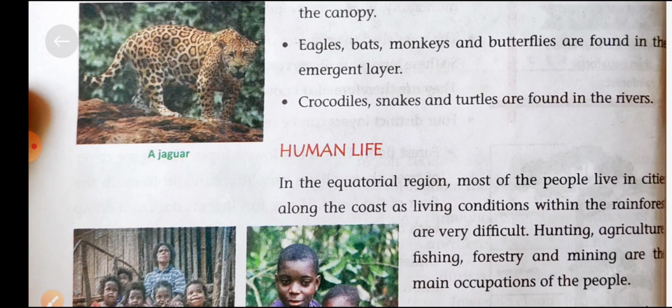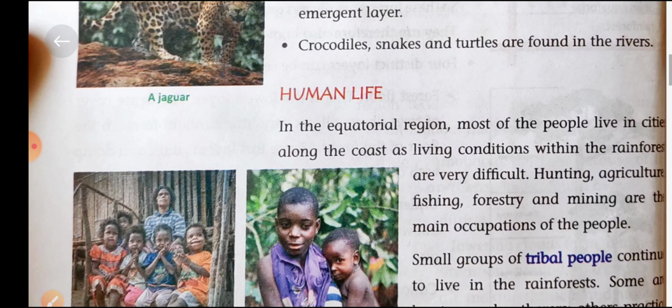Every day around 4 o'clock in the afternoon it receives heavy rainfall, so it is a very humid area. This type of climate influences the people who live here. In the equatorial region, most people live in cities along the coast, as living conditions within the rainforest are very difficult.